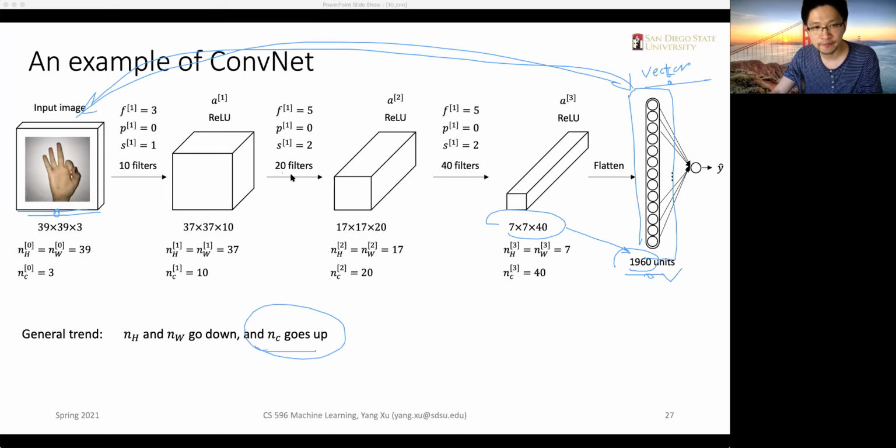First of all, we're going to use more filters for later stages. And another reason is that the height and the width go down because we're going to use the stride to shrink the size.